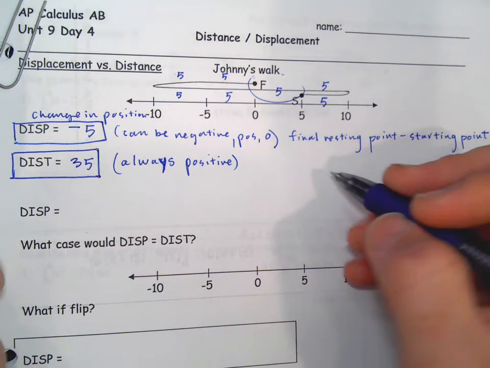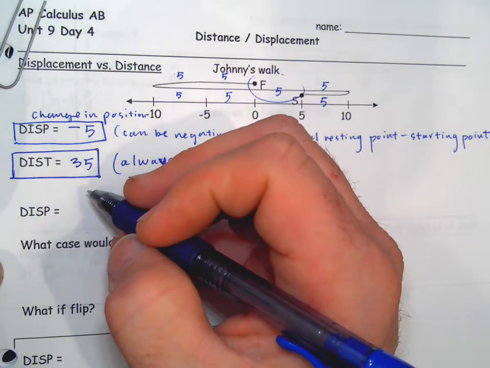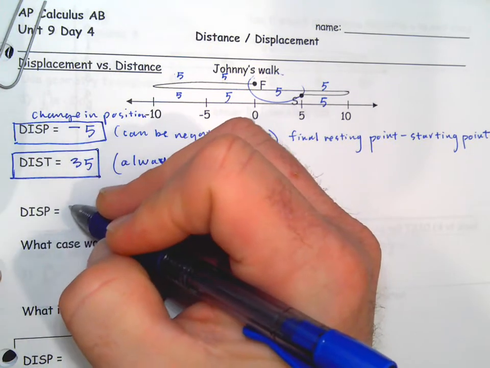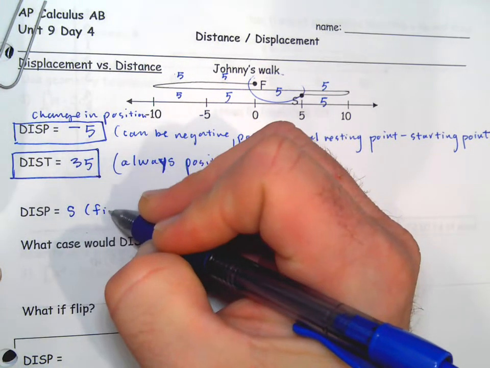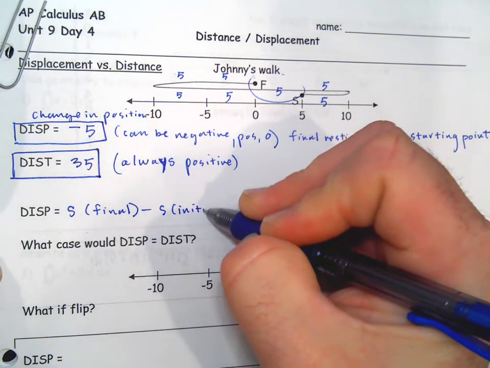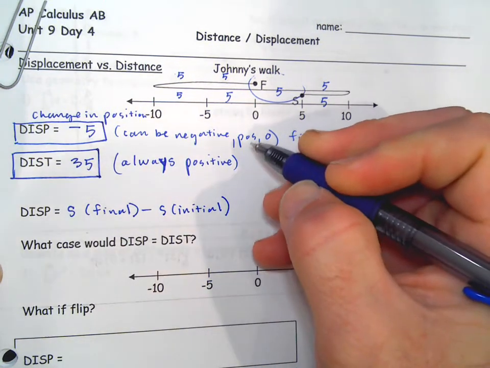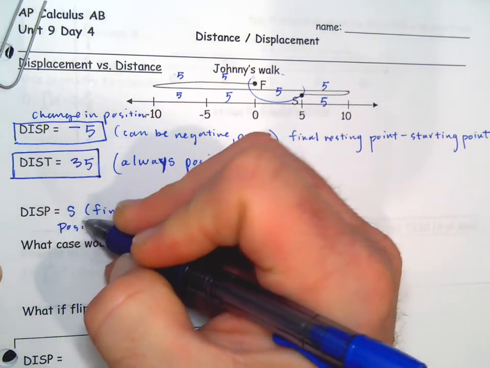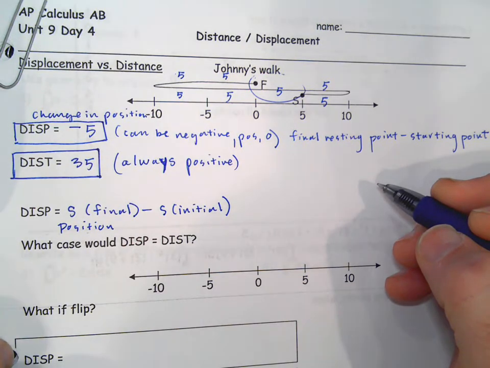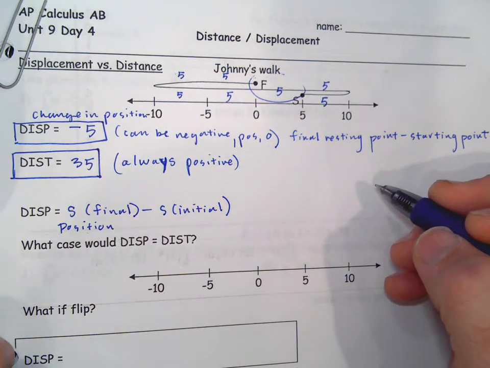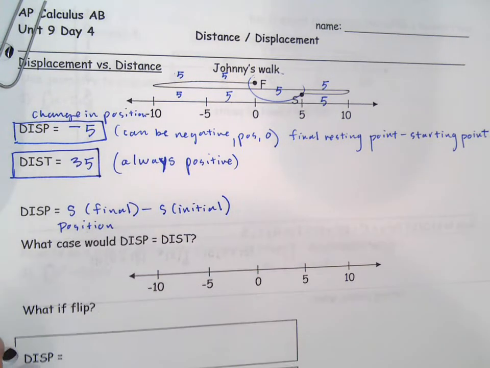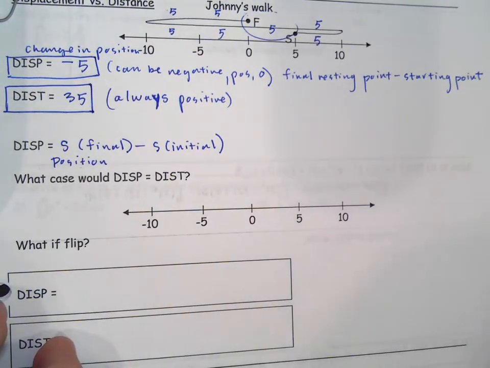Now, let's try to connect this more to our equations for position, velocity, acceleration. Displacement is S final position minus S initial position. It's that simple. Now, there is a very special case where displacement and distance actually come out the same. Can you think of an example?